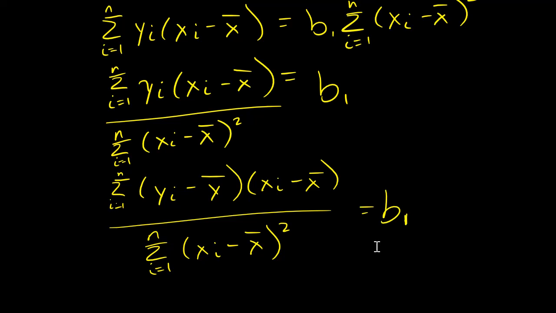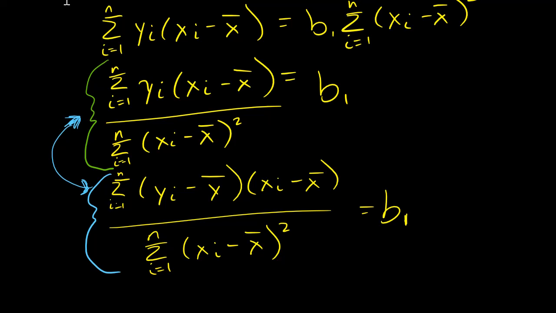These are the same thing, and you can show this relatively easily. You would distribute yi times this term, and then y bar times this term, and because y bar doesn't involve i, it zeroes out, and you end up with these being equivalent to each other. I'll save that for you to do on your own.